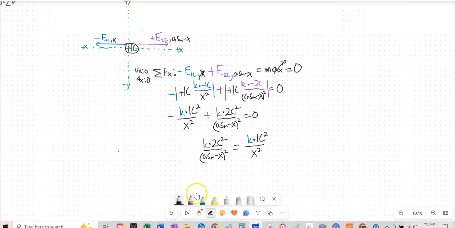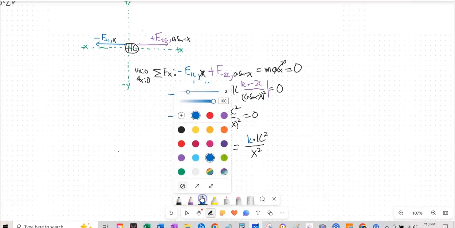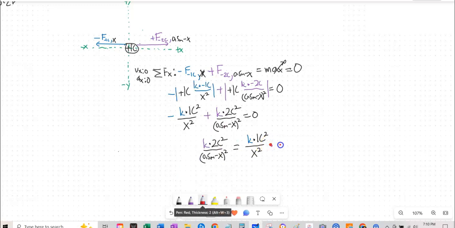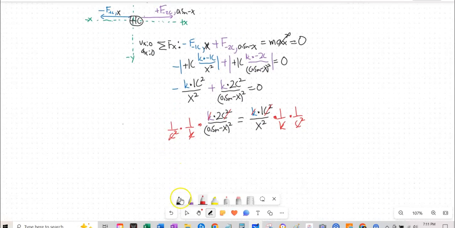Now what we're going to do is start reducing this equation. Okay, so I'm going to multiply both sides by 1 over K, and when we do that, those K's will cancel out. And then I'm going to multiply both sides by 1 over C squared. So the C squares will cancel out. I'm trying to get this thing to become more user-friendly.